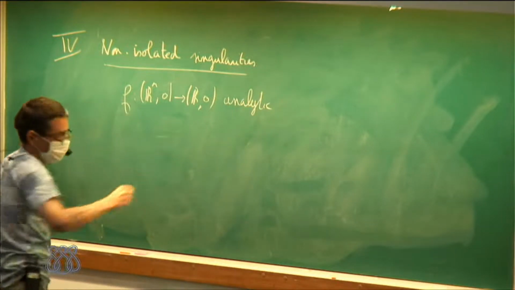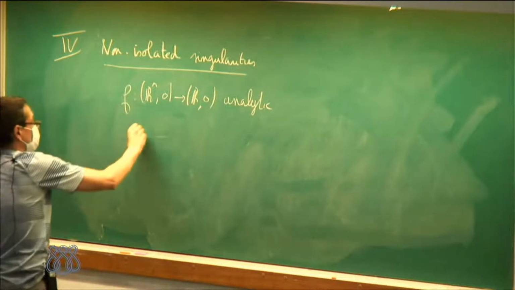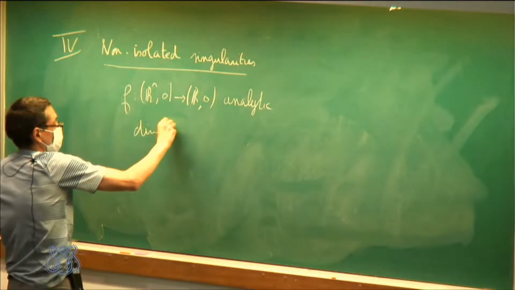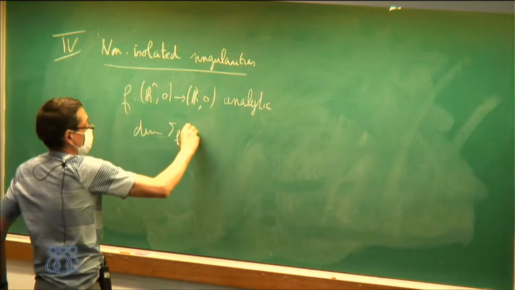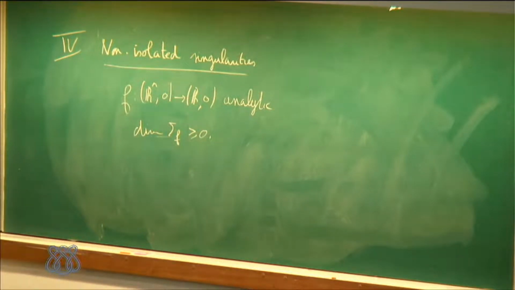And this time I don't assume that the singularity is isolated. So the dimension of the singular set could be whatever we want. So in this case, there is still a notion of negative and positive Milnor fiber because the condition is satisfied. This was proved by my advisor, Karim Becker.